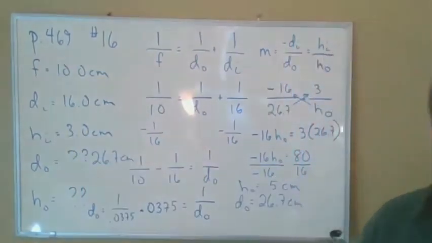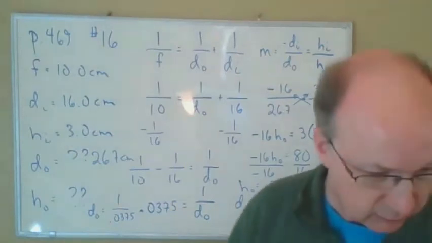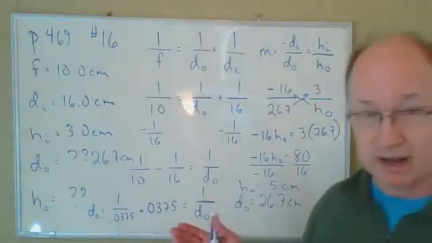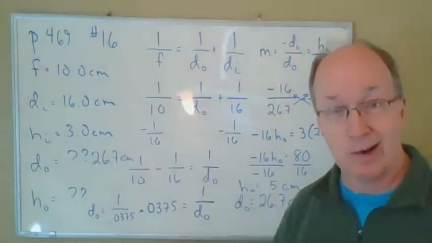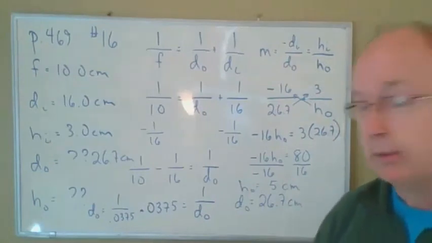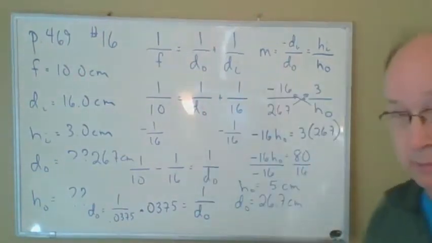It is an inverted image. So that's what you just have to remember. The image is an upside down image, and therefore it's negative. I just wrote the positive because really the question is, how tall is the object? It's 5 centimeters tall.